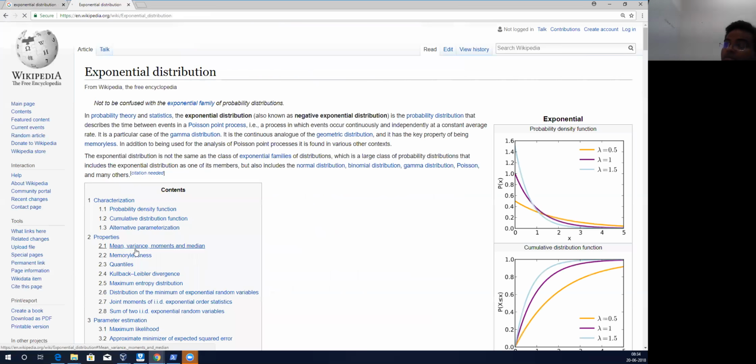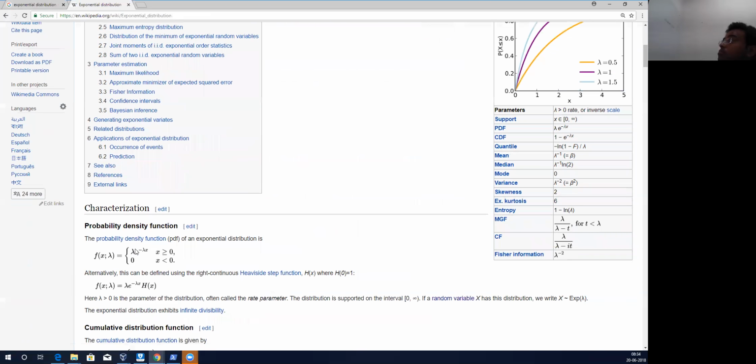The CDF function is 1 minus e raised to the power minus lambda x. So what do exponential curves look like? It will curve like this, right? 1 minus, so it is like this. These are exponential distribution curves.